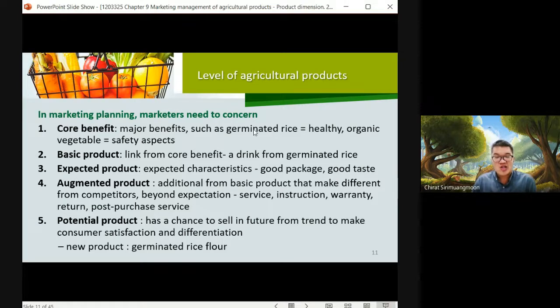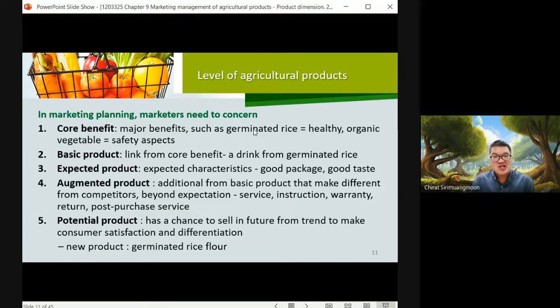So the last one is potential product. Potential product is actually the product that the consumer might want to have in the future that follows the trend. So we call it the potential. Of course, this can be possible.